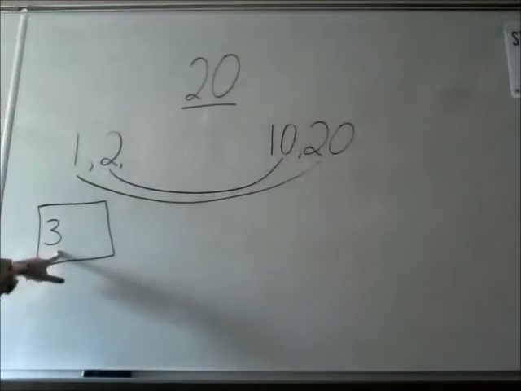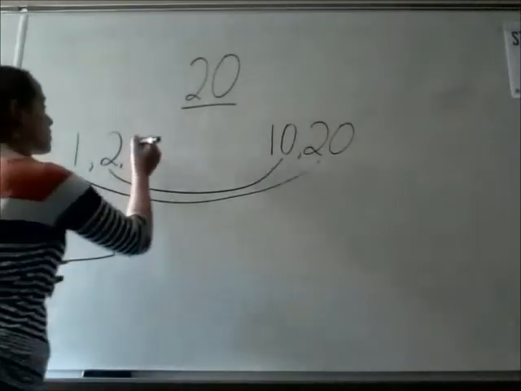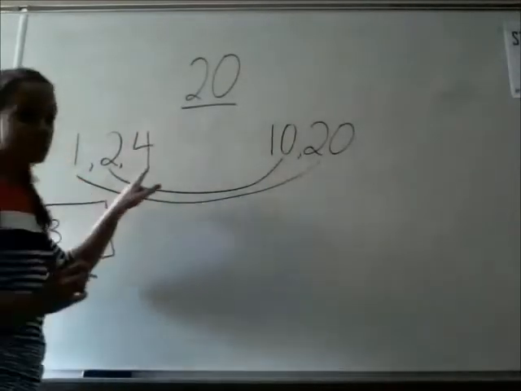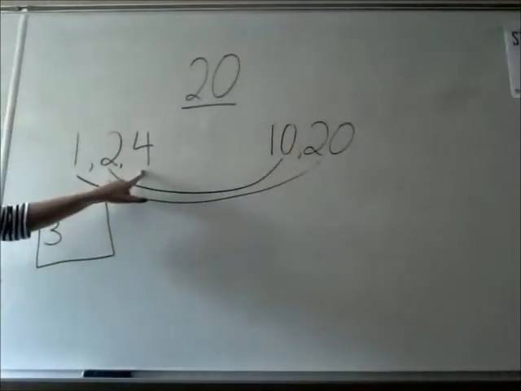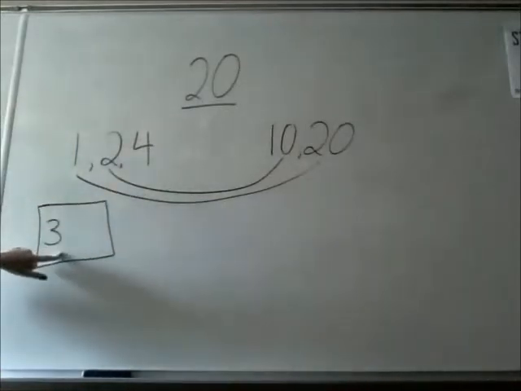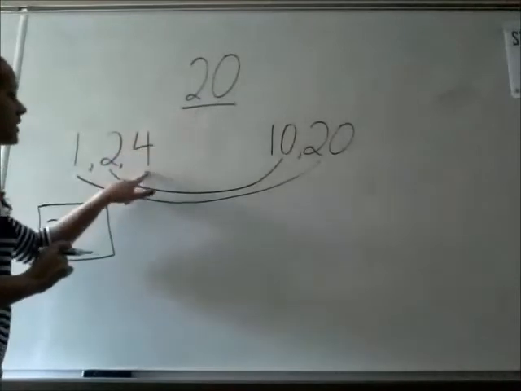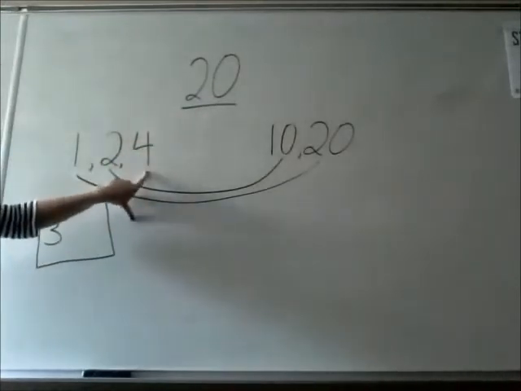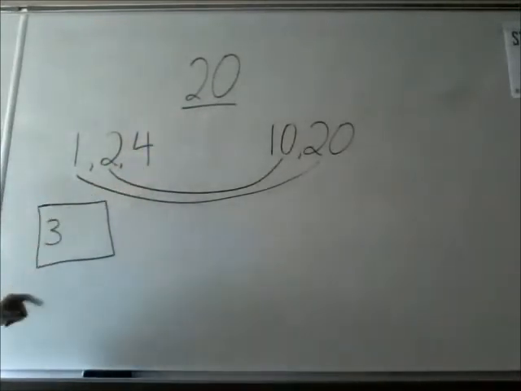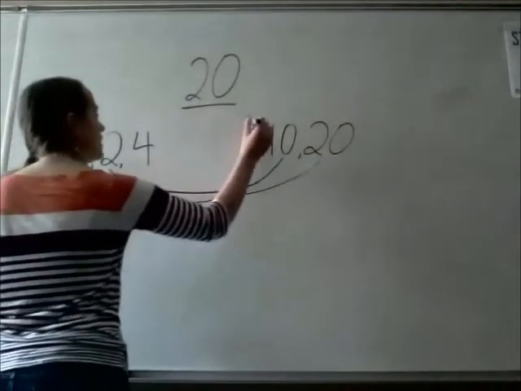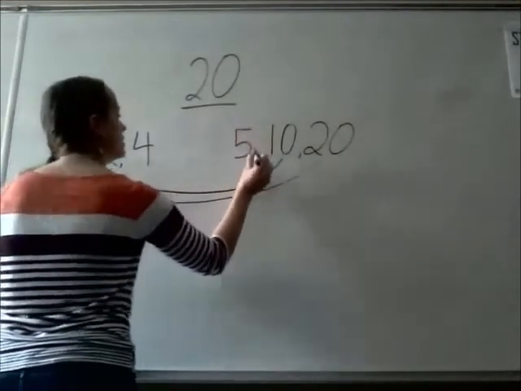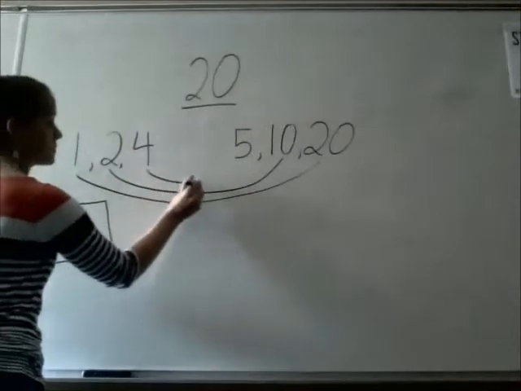So the number after 3 is 4. And remember, I can put it next to my 2 because 3 does not work. So 20 divided by 4, what is that? 5. Four times 5 equals 20.